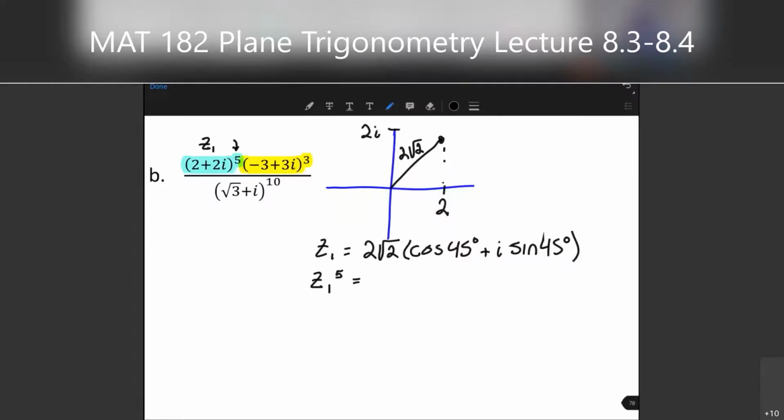So let's take a look at walking through that. So I have 2 square root of 2. I want to raise to the 5th. And then I want to multiply my argument by 5. So I have a multiple there with my argument.